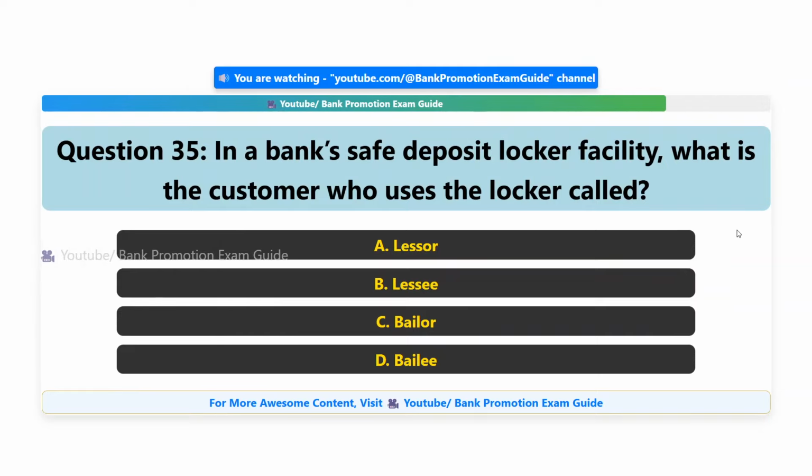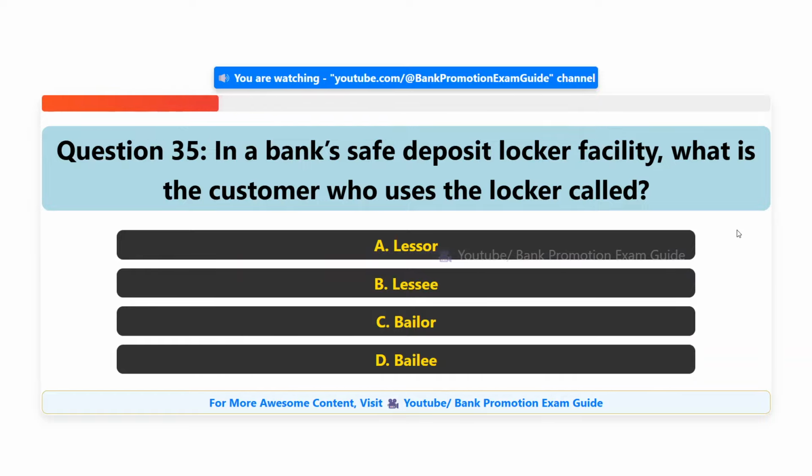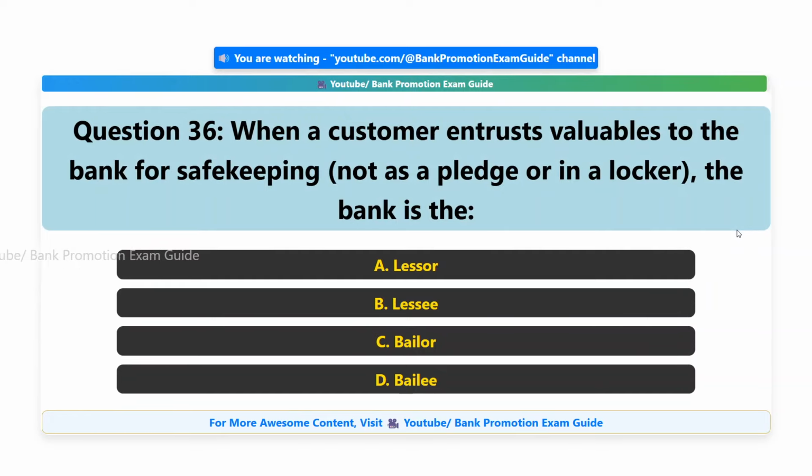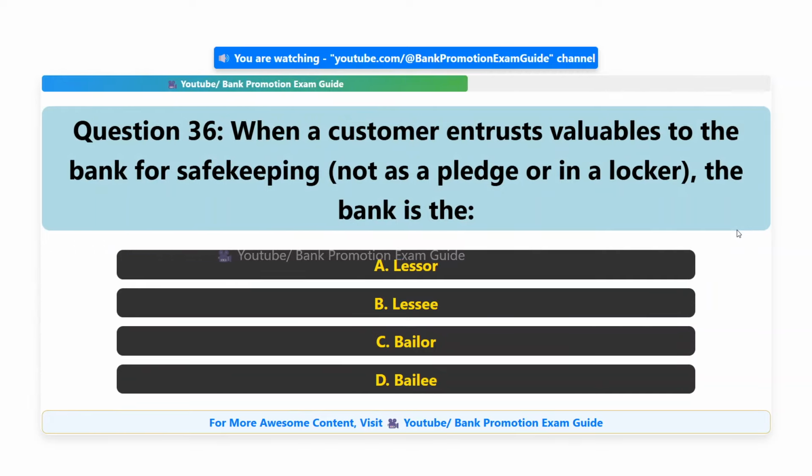Question 35. In a bank's safe deposit locker facility, what is the customer who uses the locker called? Lessee. The customer renting the locker is the lessee. Question 36.